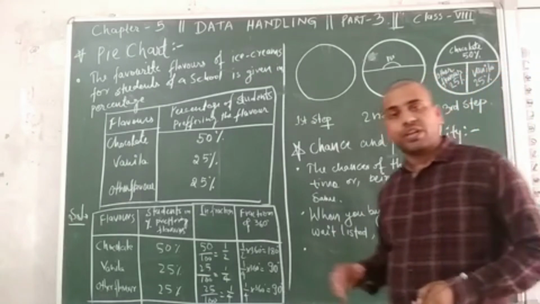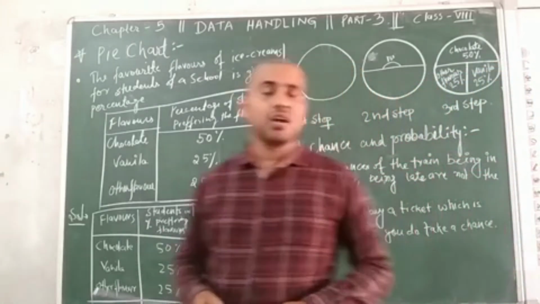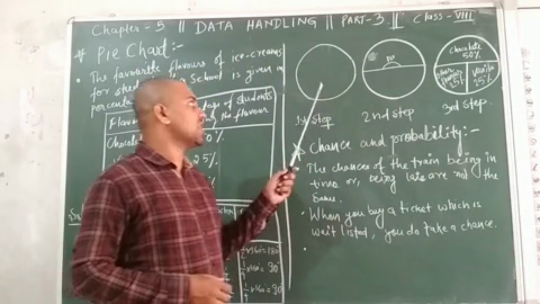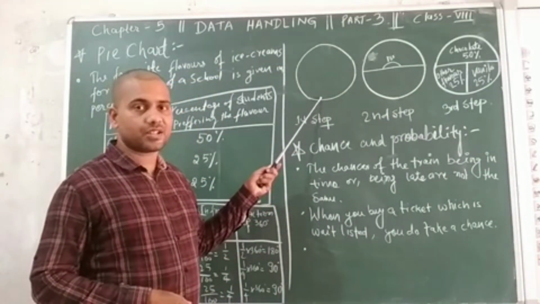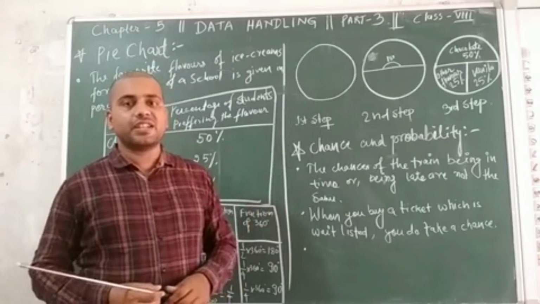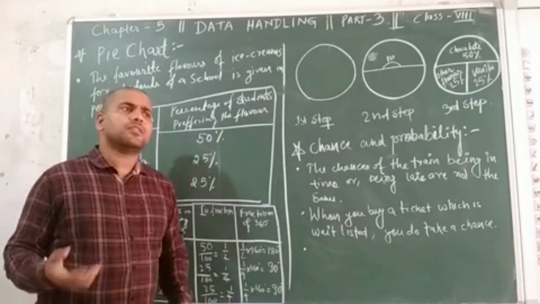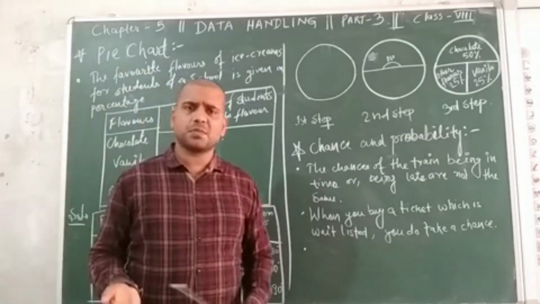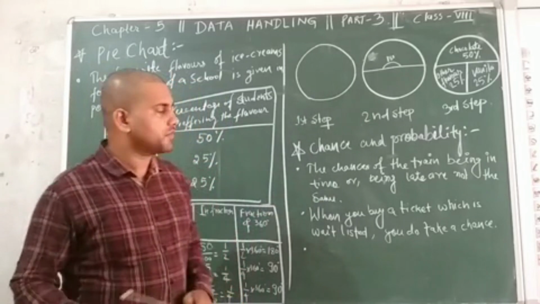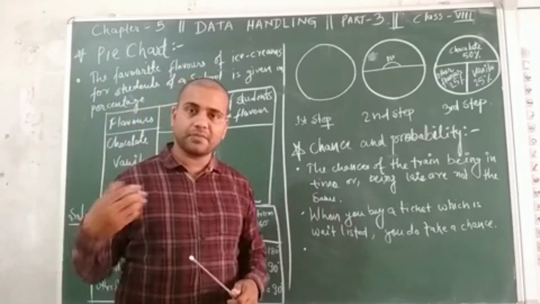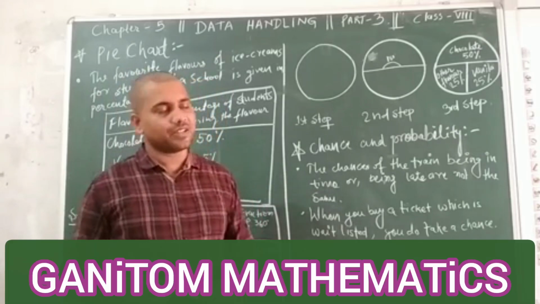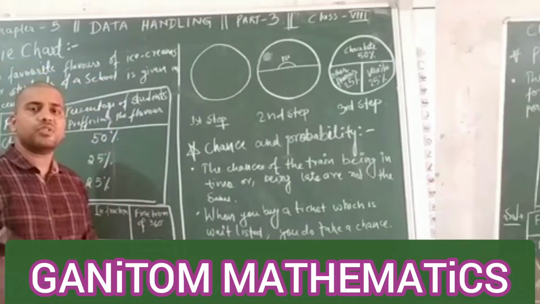Now we have to construct the pie chart. One circle we will draw with some radius, like 5 centimeters or 7 centimeters. It is not fixed what we will take, but if you take a very small radius that is a problem, and if you take a very large radius that is also a problem.